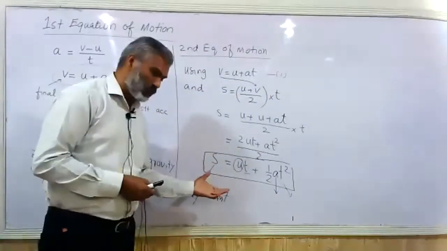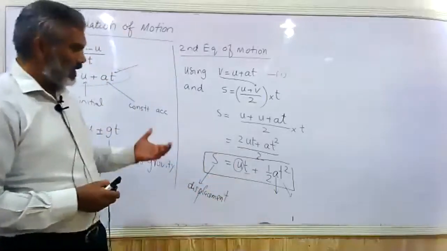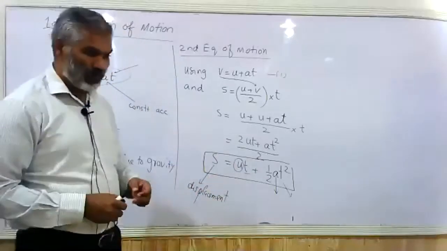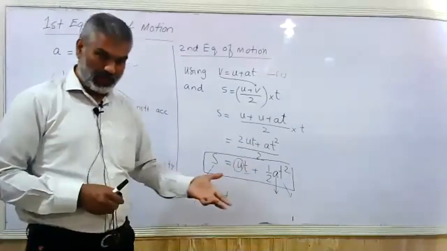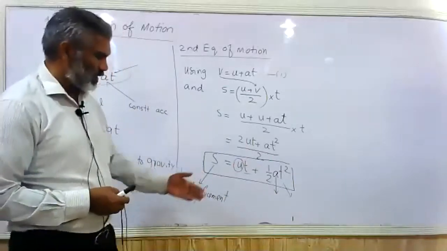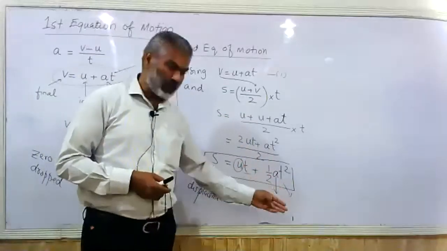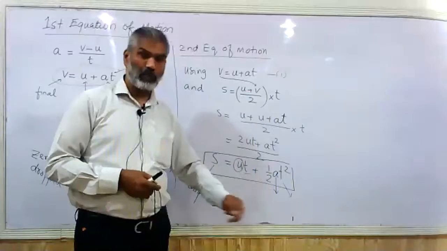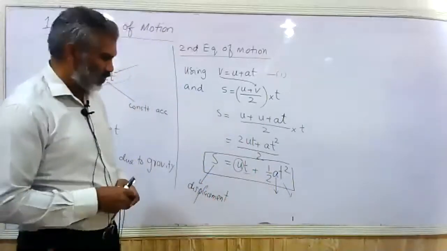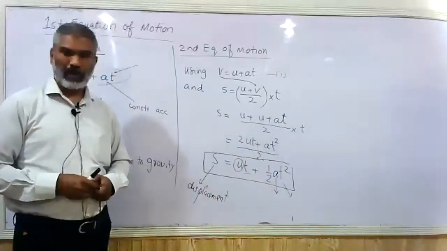This second equation of motion is clearly applicable in all those situations in which we know the initial state of motion of the object, we know the constant acceleration for which the object has moved, we know the time for which the object has moved, and we can calculate the displacement.